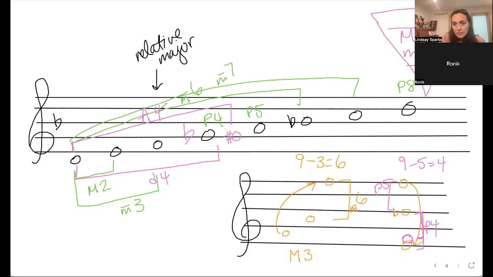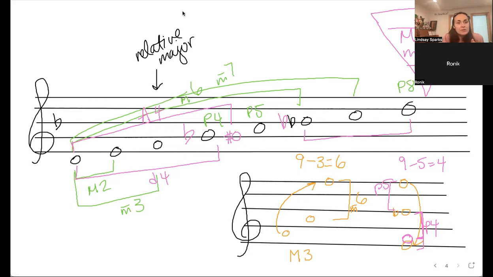Similar things could happen with smaller intervals. So for example, let's say we had B double flat, right? Double flat and double sharp are accidentals like anything else. You're just going a whole step instead of a half step in those directions. So let's say we had a B double flat to a D. That's confusing.